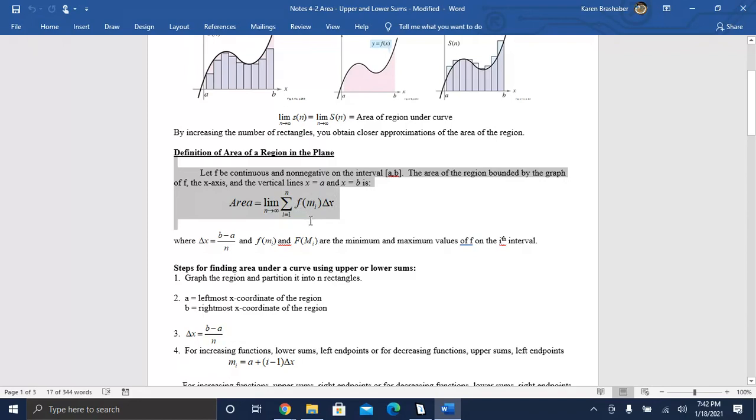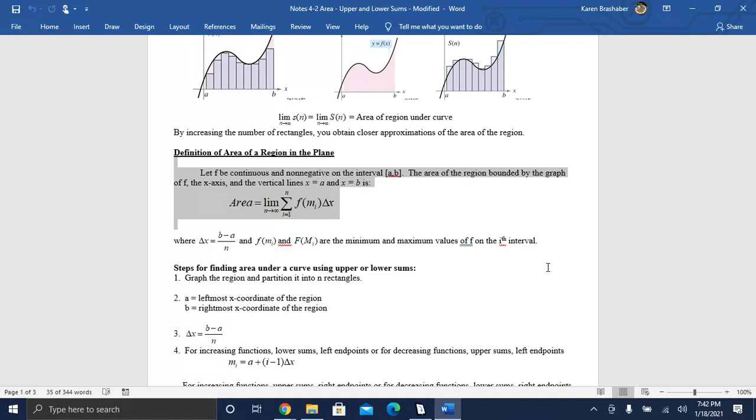Now, I will be explaining this to you using a diagram, but for now, I want you to think about the area of a rectangle being found by taking the length times the width.